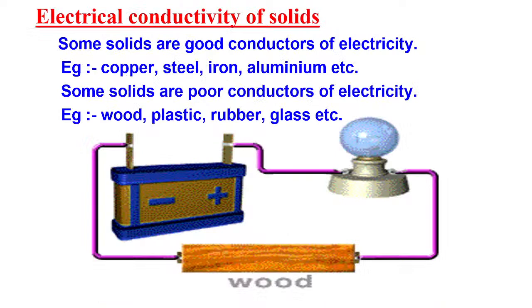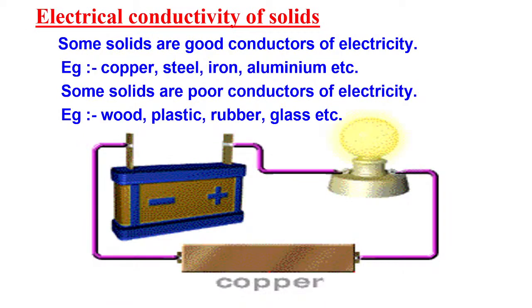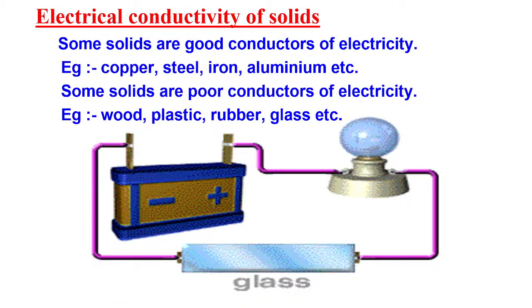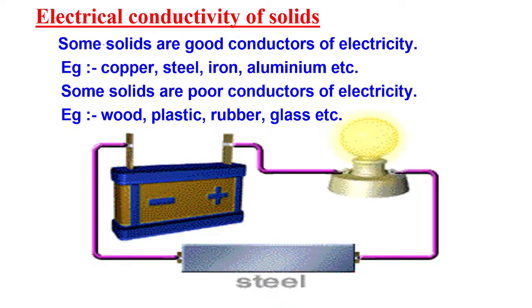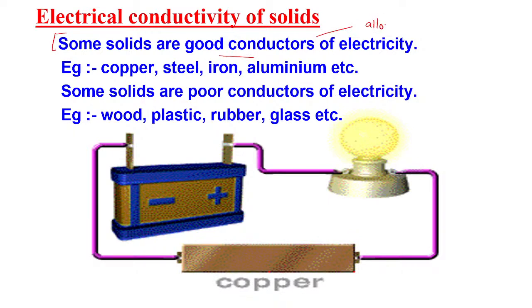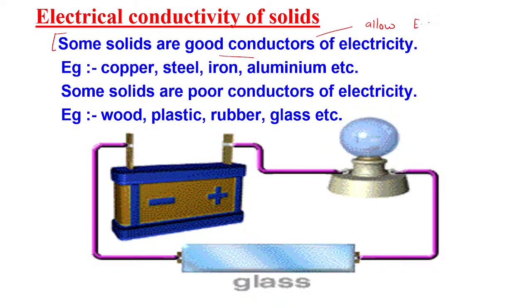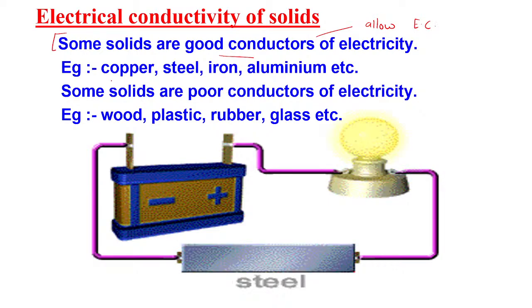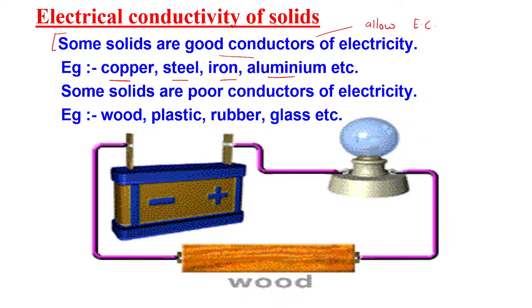As I have already said, conductors can be of two types: solid and liquid. So let's see the conductivity of solids. Those solids which are good conductors of electricity, what's the meaning of good conductors? They allow electric current to pass through them. Which are the ones? Copper, steel, iron, aluminium. All these are good conductors.